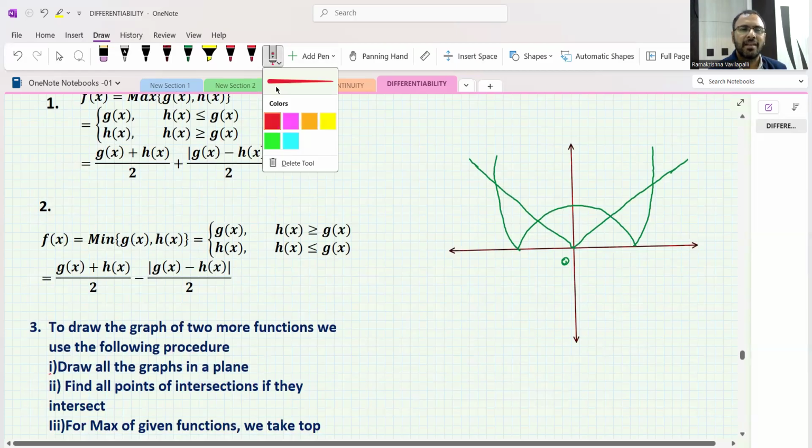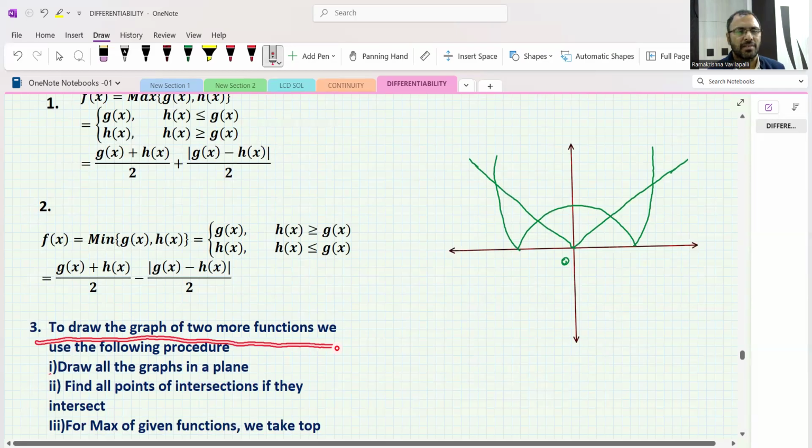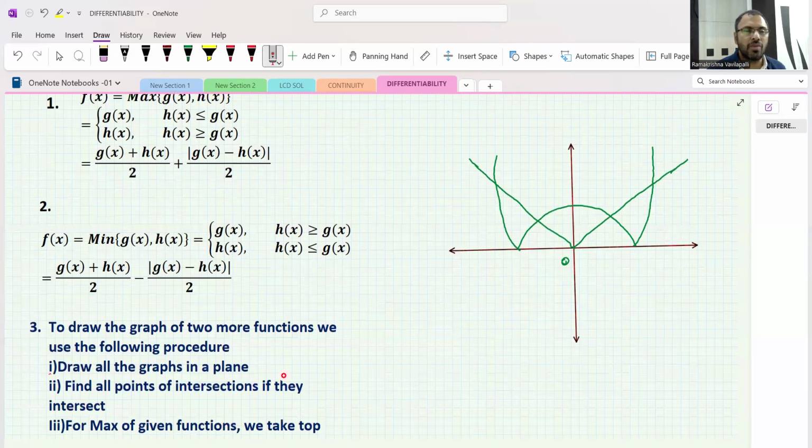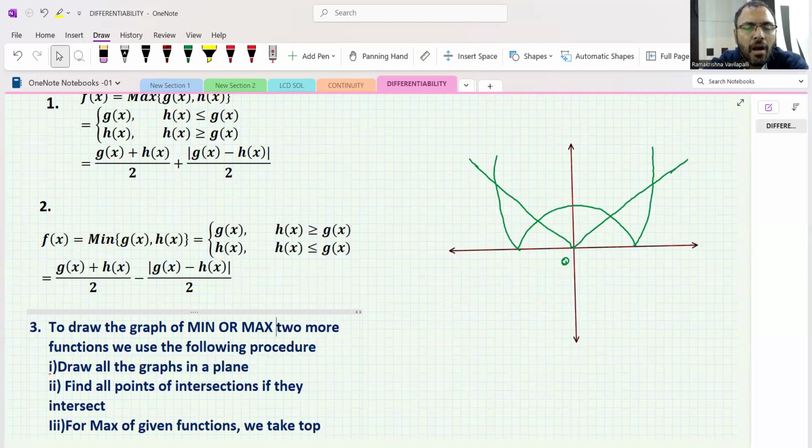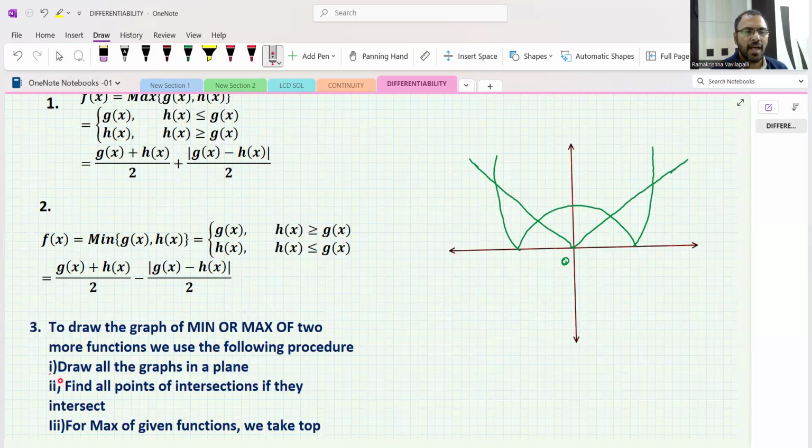Here I have given a description: to draw the graph of the maximum or minimum of two or more functions, draw all the graphs in a plane.